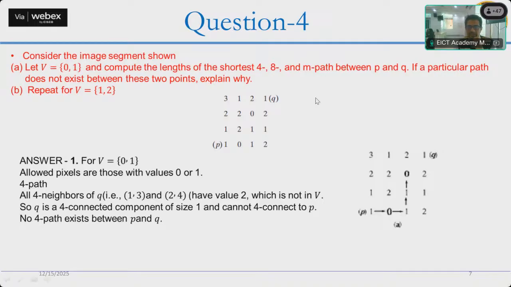Now can you tell the length of the 8-path? The 4-path doesn't exist, only the 8-path, and we will check the M-path. First question: what will be the length of the 8-path? It is 3.